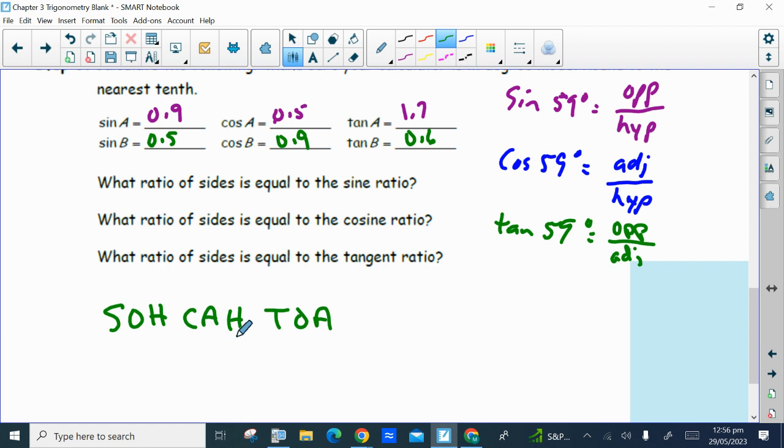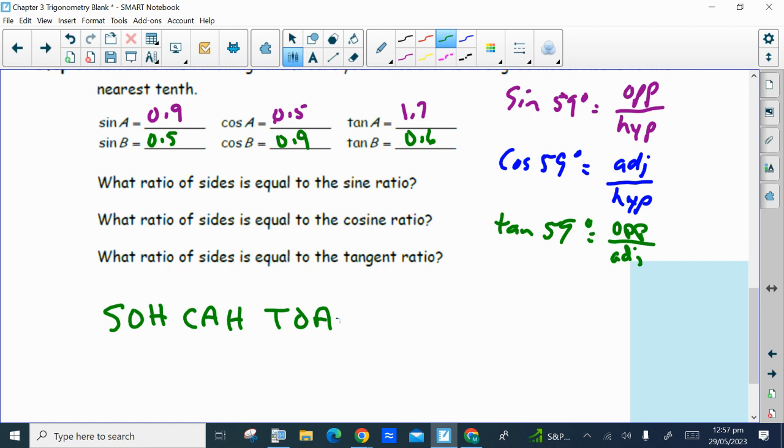The CAH part stands for cosine. It tells us that cosine is adjacent over hypotenuse. Not only does it tell you what two sides you're using, but it also tells you the order. And then the TOA part is your tangent. Tangent is opposite over adjacent. So you can use these to remember what the trig ratios are. But if you look on your formula sheet at the back, the trig ratios are there for you.